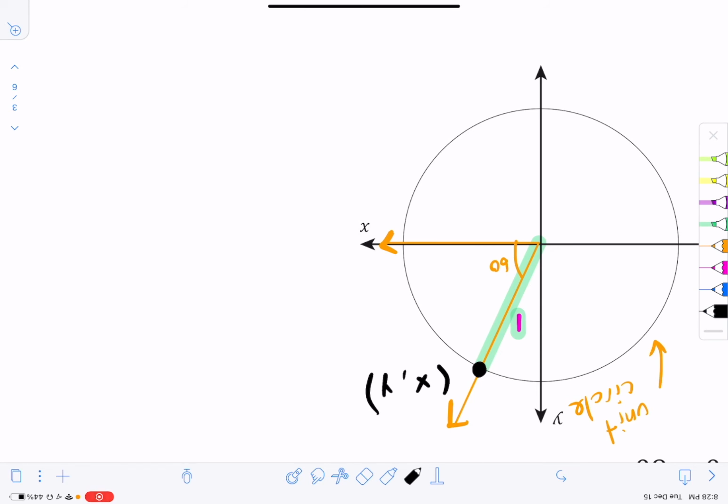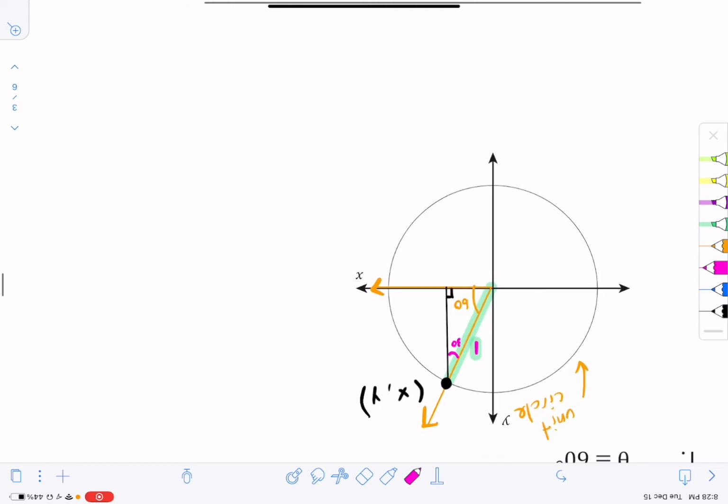So what I'm going to do is drop a perpendicular line to the x-axis, forming a right angle, and also forming a 30 degree, 60 degree, and 90 degree angle. So this here is a 30, 60, 90 triangle.